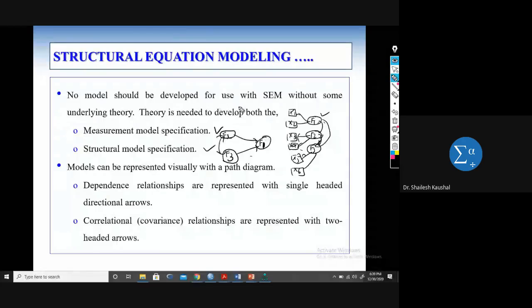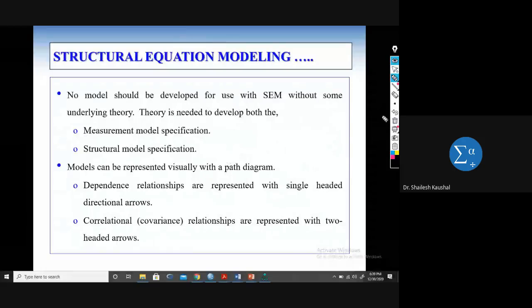So if we are performing structural equation modeling, we should go through the theory of the particular phenomenon. If I want to know attitude or buyer behavior, then I should follow the theory of planned behavior. Whatever theory you are using, we can test it through structural equation modeling.